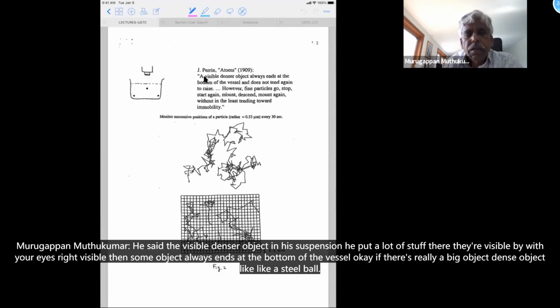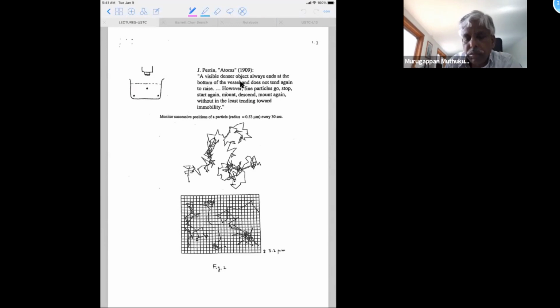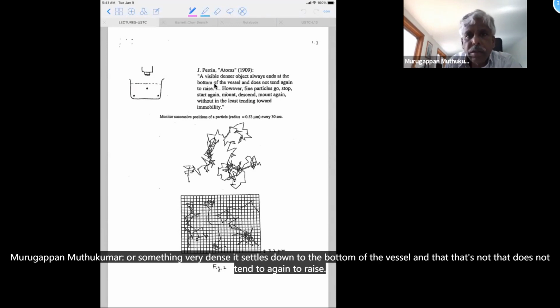He said, a visible denser object in the suspension, visible with your eyes, always ends at the bottom of the vessel. If there's really a big, dense object, like a steel ball, it settles down to the bottom of the vessel.